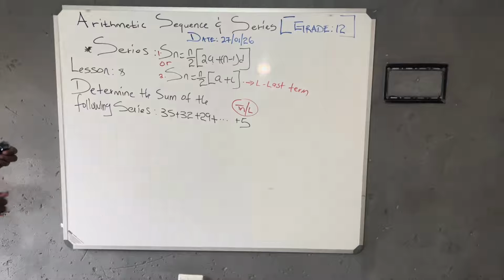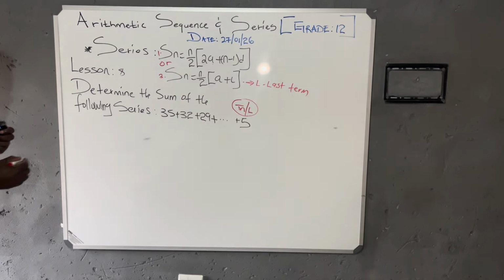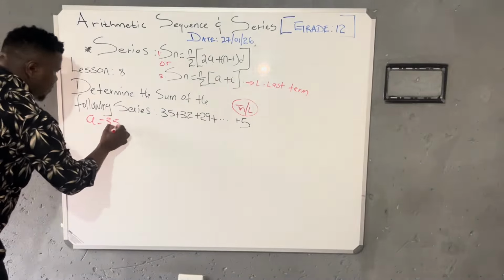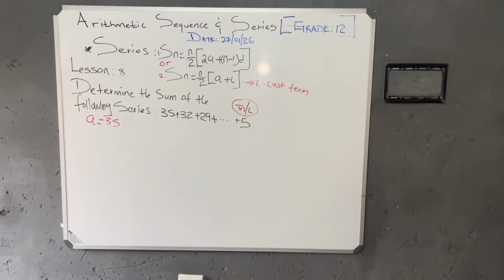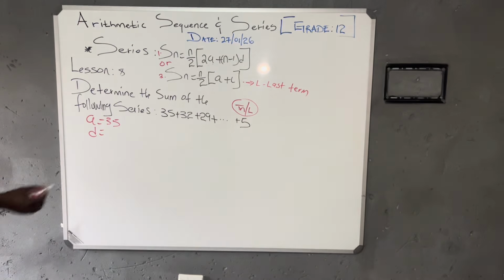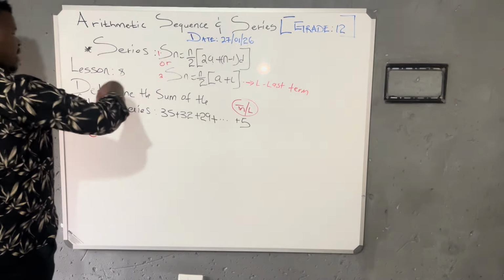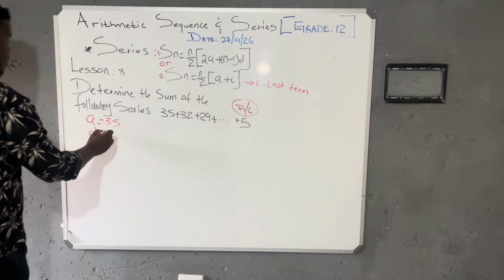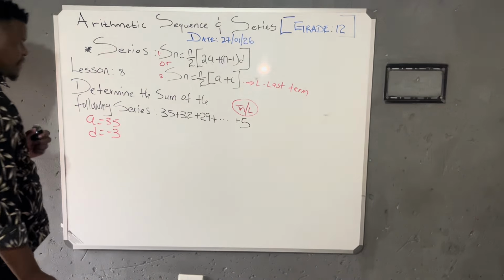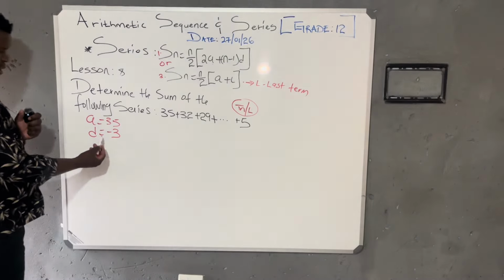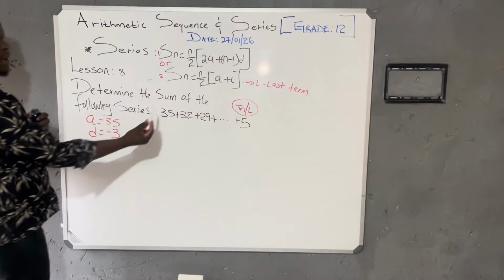Now, let's check. What are the obvious things to do? A is 35. What about D? 32 minus 35. We are experiencing a negative there, so it's negative 3. Is it enough for me to plug in?